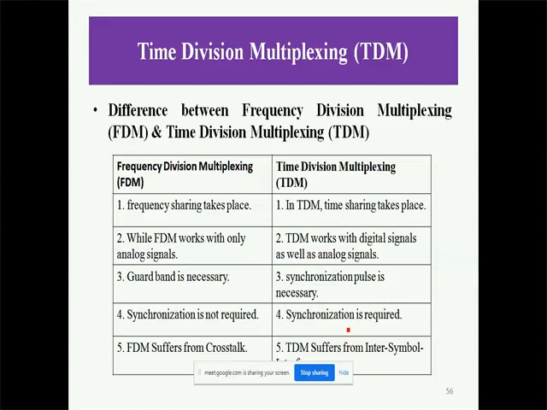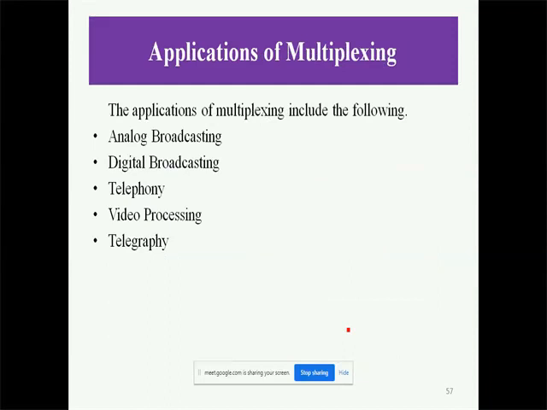FDM does not need synchronization, but TDM does. FDM suffers from crosstalk and TDM suffers from intersymbol interference, ISI.